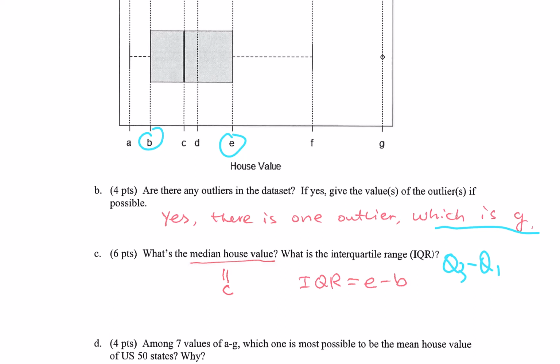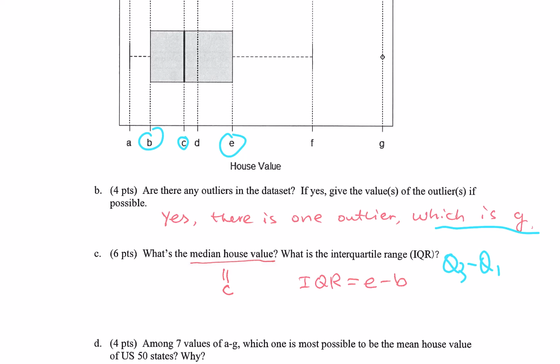So we know C is median. Okay. And the only 2 possibilities for the central tendency are going to be either C or D. But we already know C is the median. Then D is definitely got to be the mean, because you could not use A. A is the smallest number.